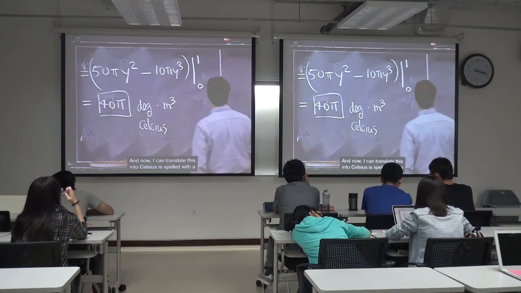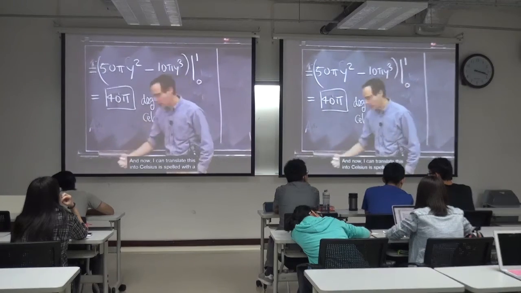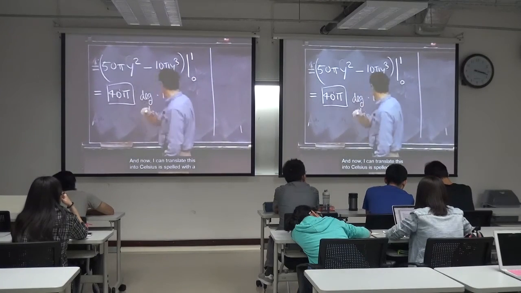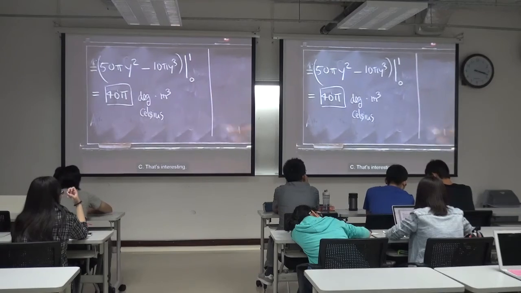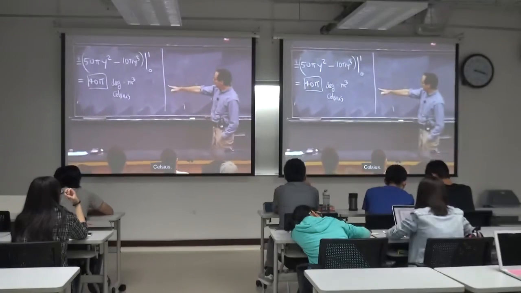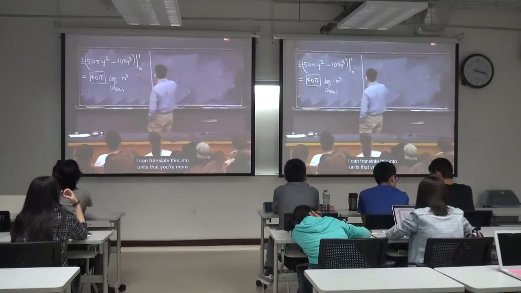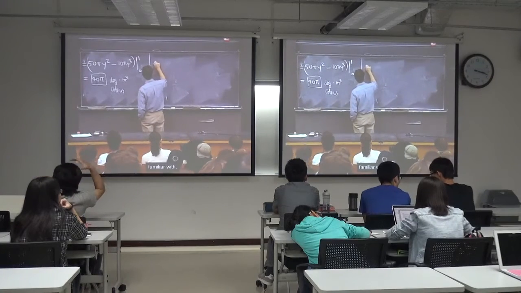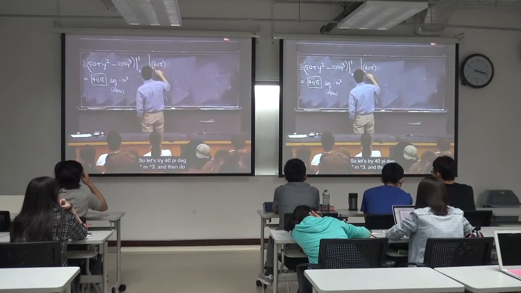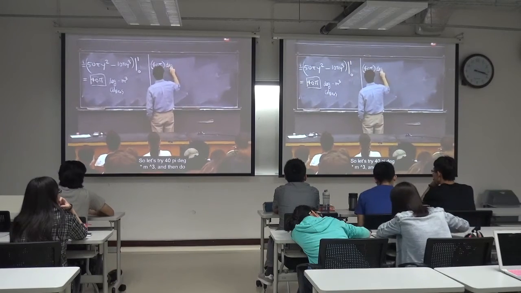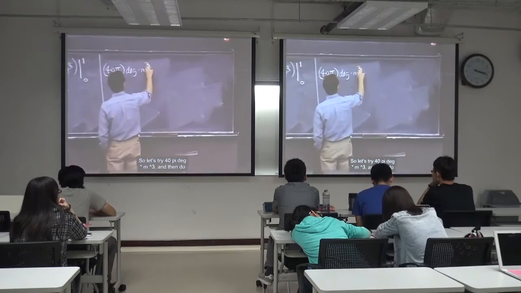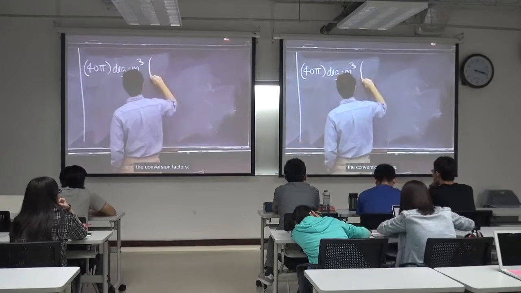And now I can translate this into units that you're more familiar with. So let's try 40 pi degrees times meters cubed, and then do the conversion factors.